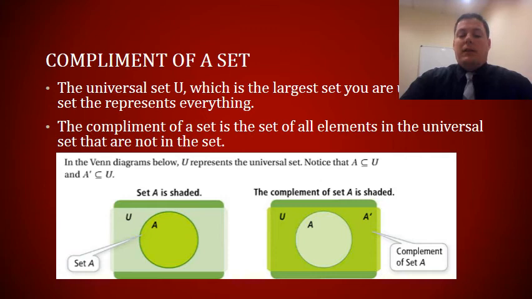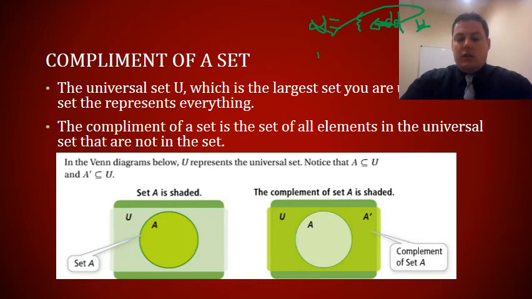So the complement of a set is a set of all elements in the universal set that are not in the set. Let's do it this way.